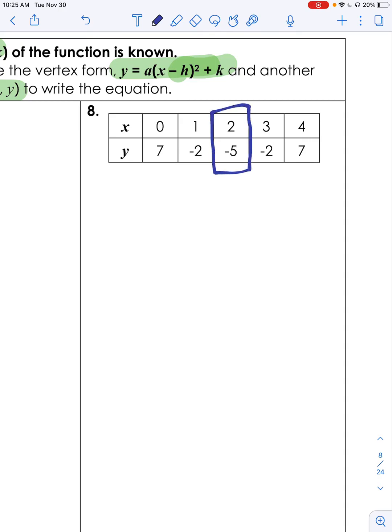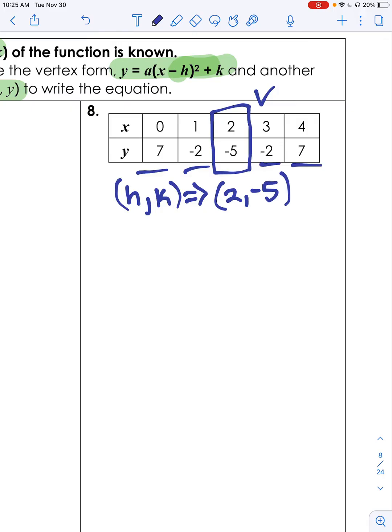So this is the vertex because I see on either side the y values are -2 when you go one step away, okay? And then 7 when you go 2 steps away from the vertex. So you have to use what you know about parabolas to be able to identify this from a table. So (h, k) is going to be (2, -5).